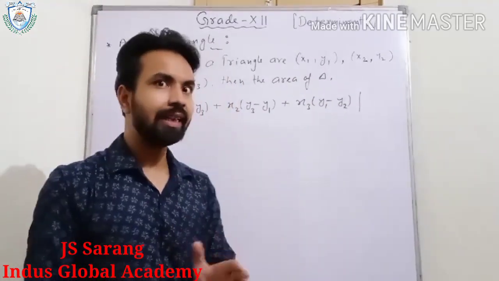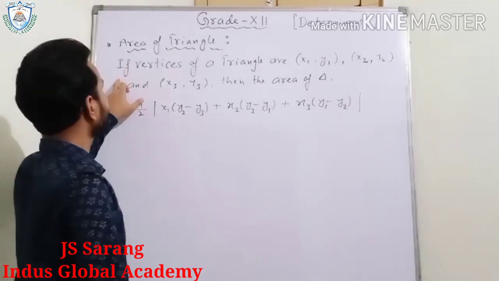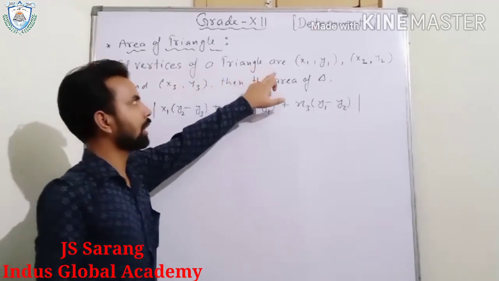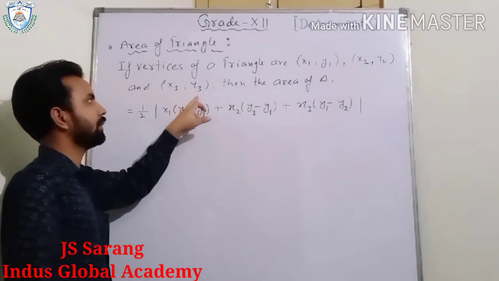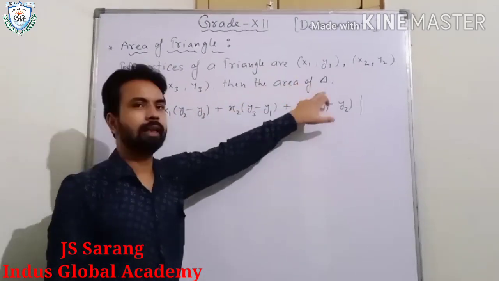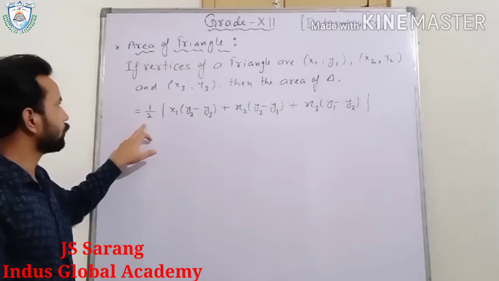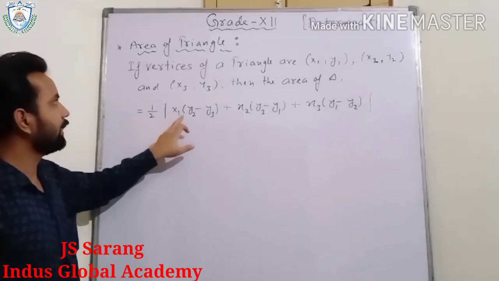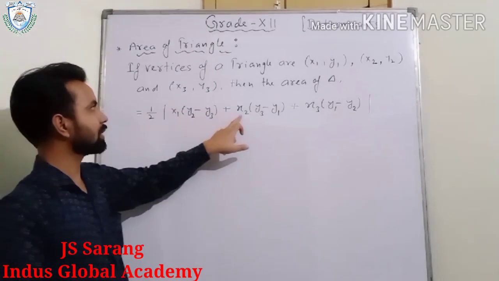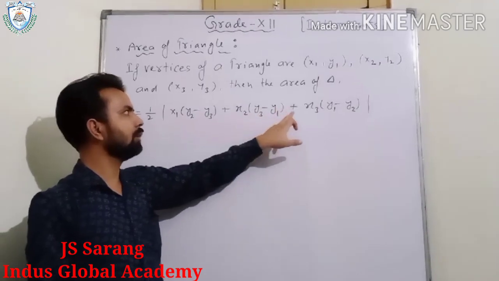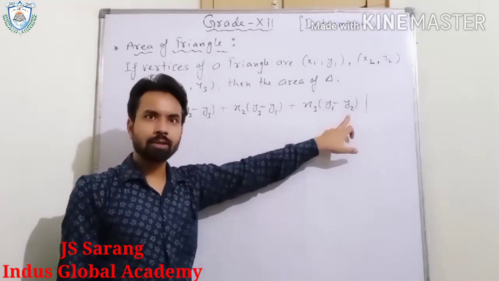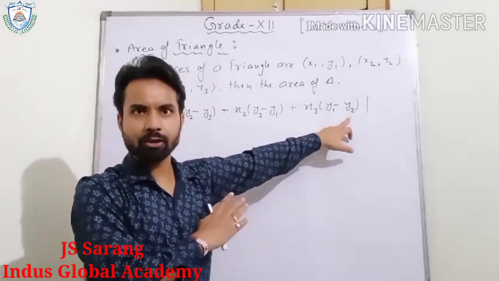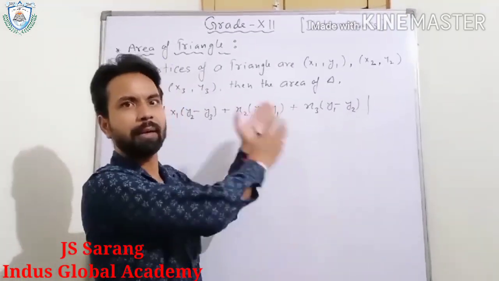If the vertices of a triangle are x1 y1, x2 y2 and x3 y3, then the area of the triangle will be 1 by 2 mod of x1 into y2 minus y3 plus x2 into y3 minus y1 plus x3 into y1 minus y2. Have you remembered this expression? We have already studied it in the previous class.